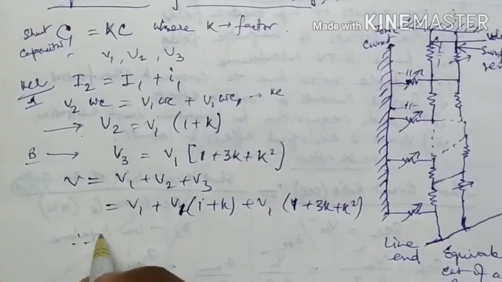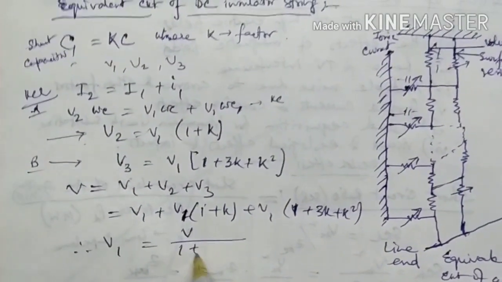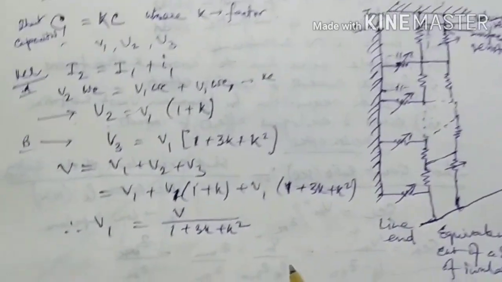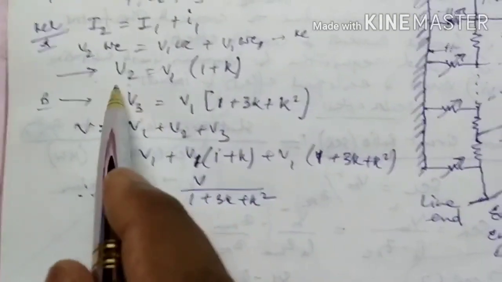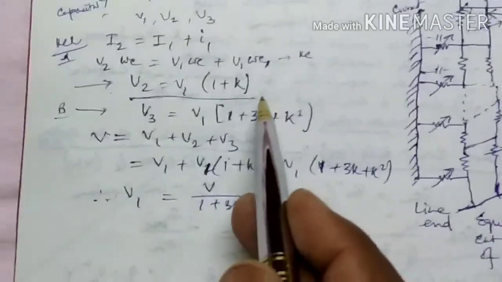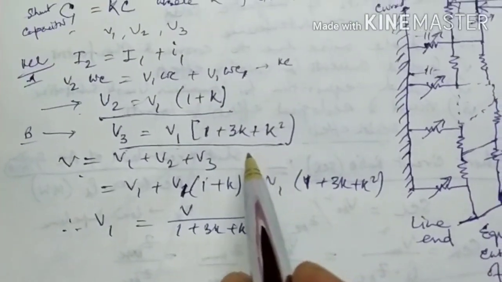So voltage across each unit V1 will be equal to V by (1 plus 3K plus K square). And voltage across the second unit, that is V2 equal to V1 into (1 plus K). And voltage across the third unit, that will be V3 equal to V1 (1 plus 3K plus K square).